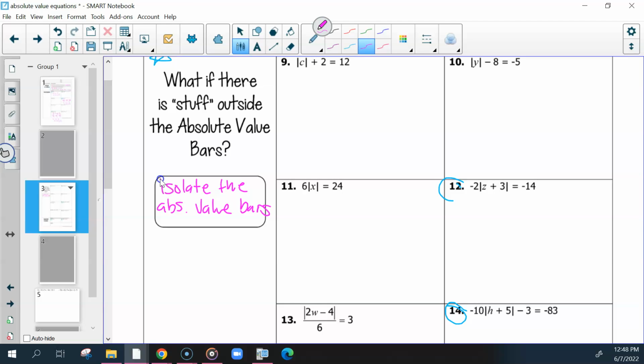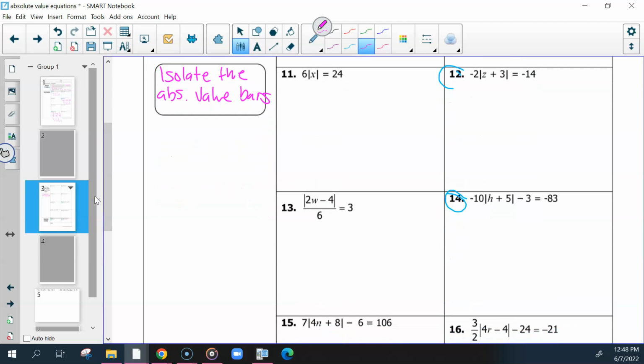And we're going to do number 12. So in this case, we have a negative 2 outside the absolute value bars. We would need to get rid of that by dividing, because right now these are multiplying since they're next to each other. If we divide both sides by negative 2, we have the absolute value of z plus 3 now equals positive 7. And then once our absolute value bars are isolated, we can set this equal to a positive and negative version of this number.